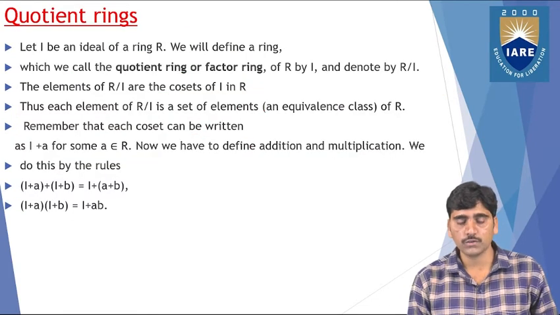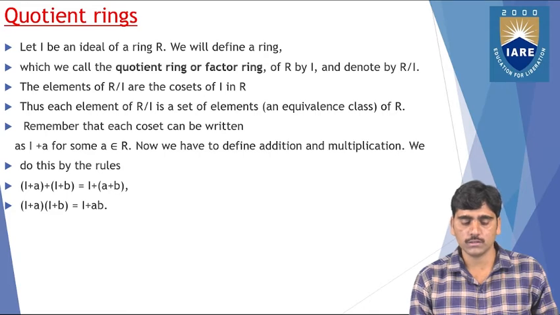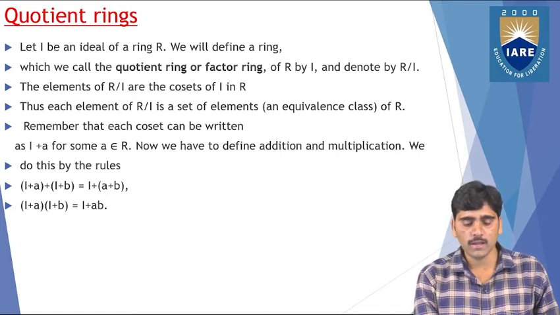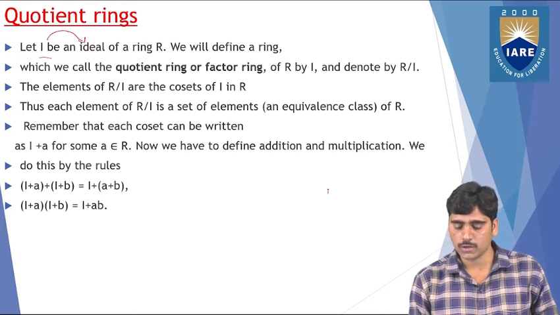And the next one is quotient rings. This is also a type of ring. We already said that a group can have different types of groups; similarly, a ring can have different types of rings, namely subrings and quotient rings. Let I be an ideal. An ideal is also a type of subring.